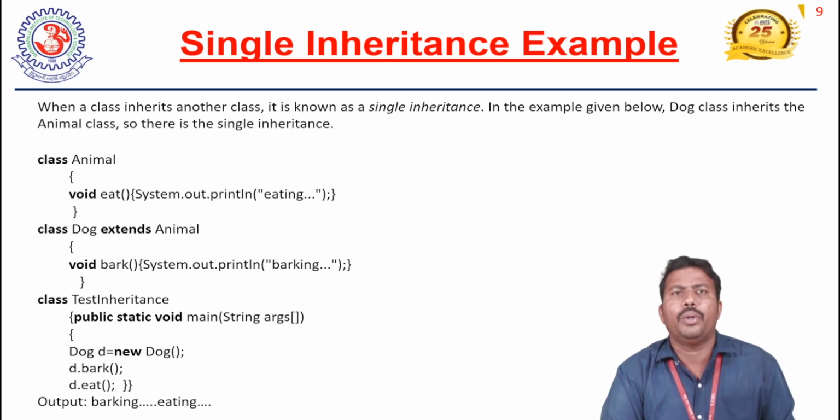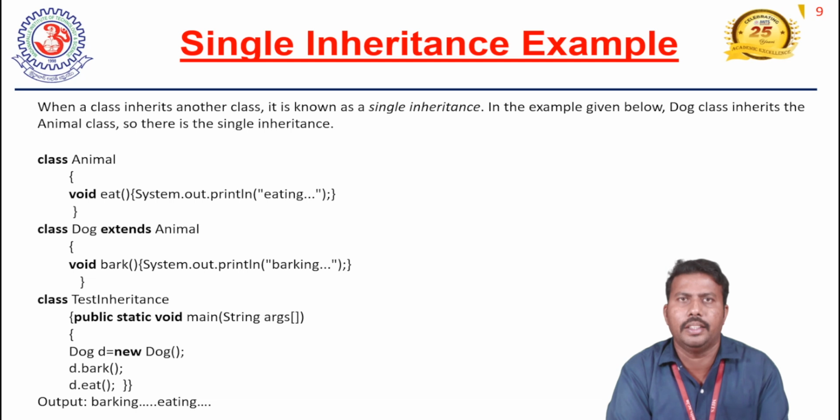Next we write the public main method in a class called TestInheritance, and we create an object for the subclass, which is dog. By that object we access the properties of the subclass followed by the superclass. This is the way of having single inheritance.